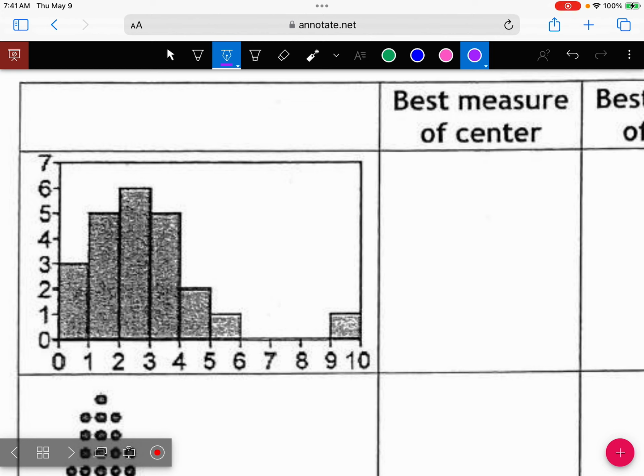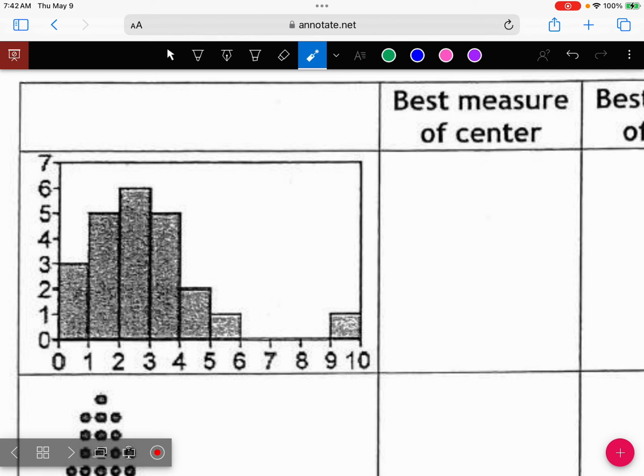So looking at this first picture, what is going to be our best option for measuring the center? Are we going to use mean or are we going to use median? Median. Why? Because this little guy over here, we have an outlier. We have one point that's way far away from the others.